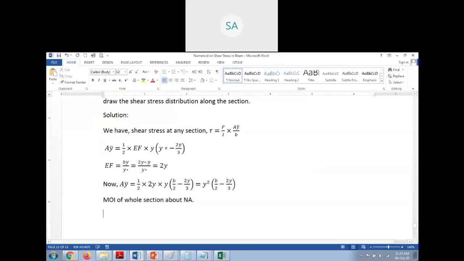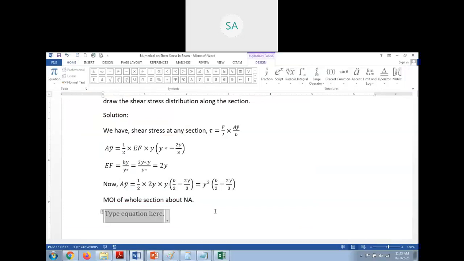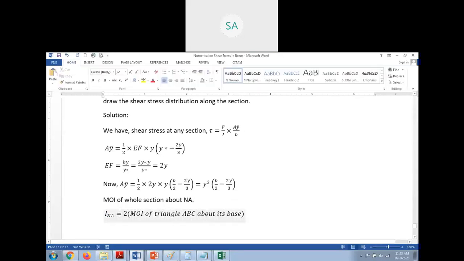So I NA is equal to 2 times the moment of inertia of triangle ABC about its base, right? So 2 times moment of inertia of the triangle ABC about its base.